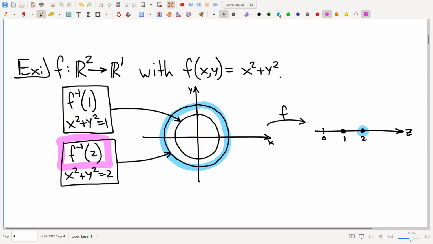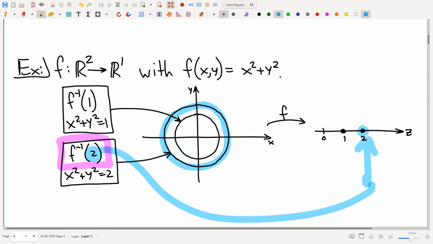The idea being that given an output value, from that output value, I'm asking what is the collection of all corresponding input values. And now notice what happened. This is what I started with. I specified an output value, and then I concluded a bunch of points in the domain. Notice that the action is going to the left. It's like we're going opposite of the direction of f, and thus this notation to write it as f inverse.